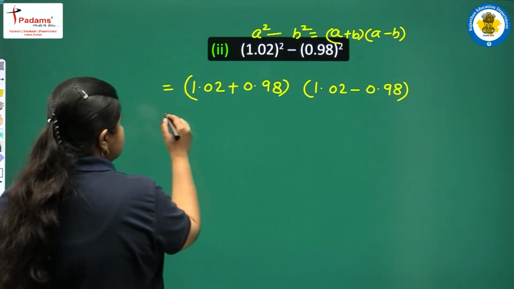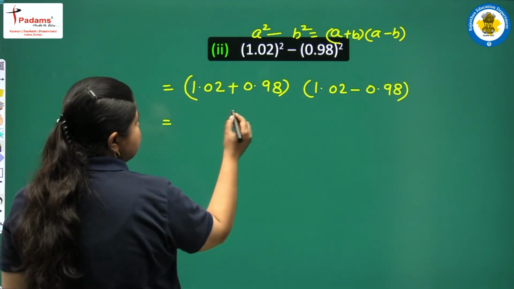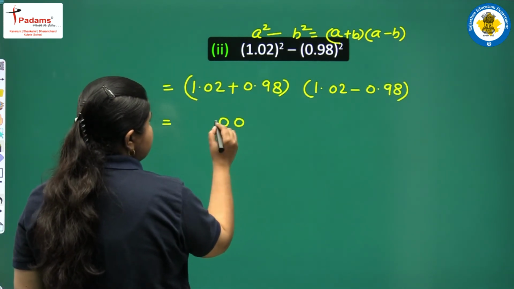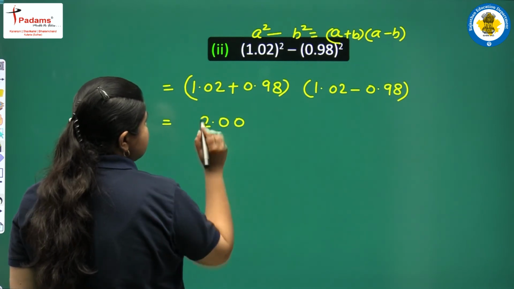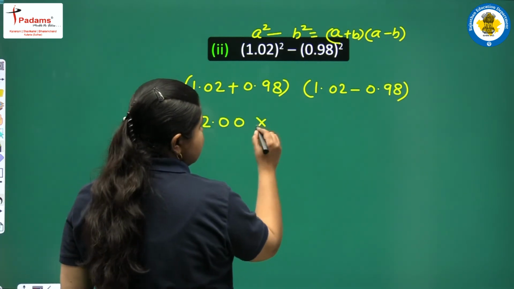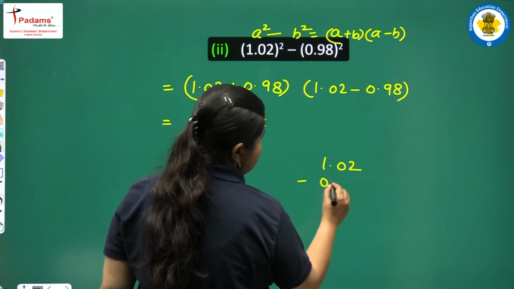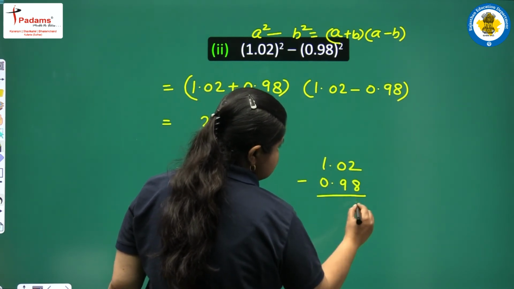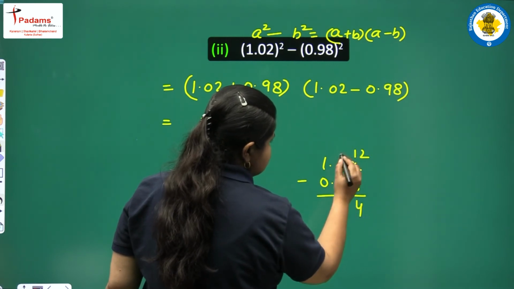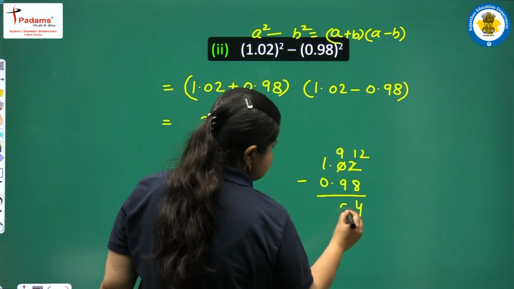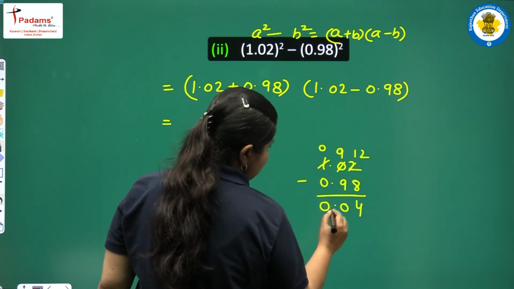Now this will be equal to, here add up the numbers, 10, 10, and here you will have 2.00, and here you will have subtract, you will get 1.02 minus 0.98, 12 minus 8 it's 4, cancel it, here you will have 9 minus 9 0, here again 0, 0.04.